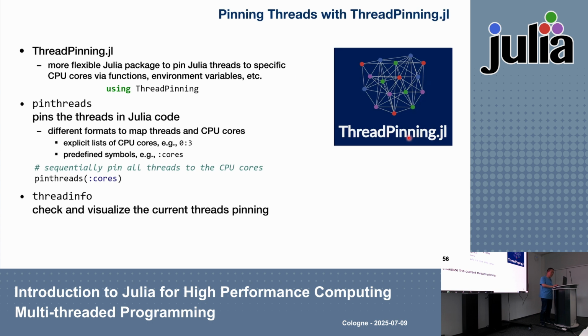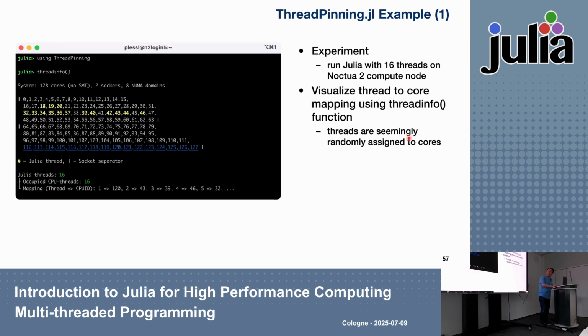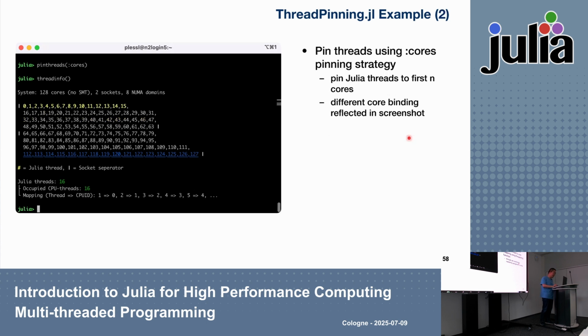Basically, this is the package so that you can pin your threads to the CPU cores like this, to have a good performance for your multi-threaded code. And those are the screenshots, of course made by Professor Plazer on the Noctua 2 system. Those are examples you can also try during the hands-on part.